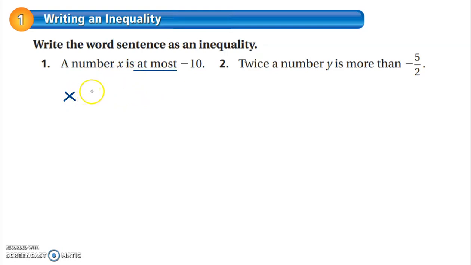That means it's going to be less than or equal to negative 10. All right, twice. Twice means 2 times. Twice a number y, so that's 2y, is more than, the same as greater than, negative 5 over 2.